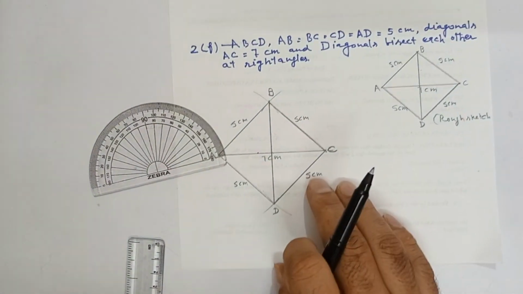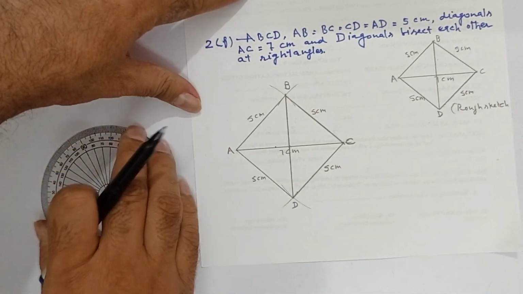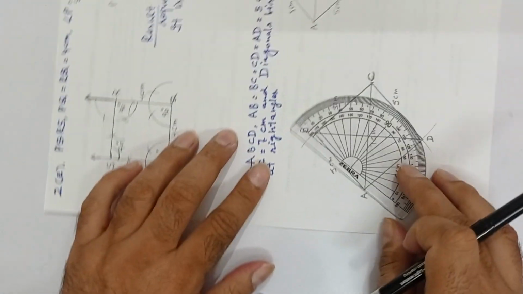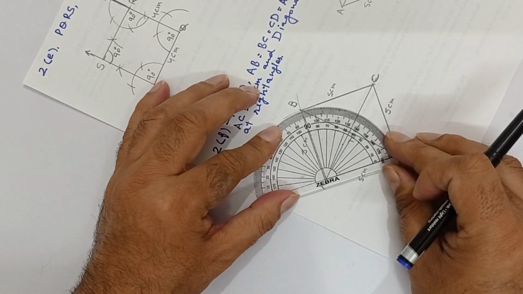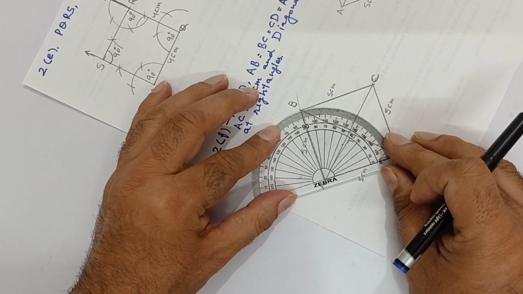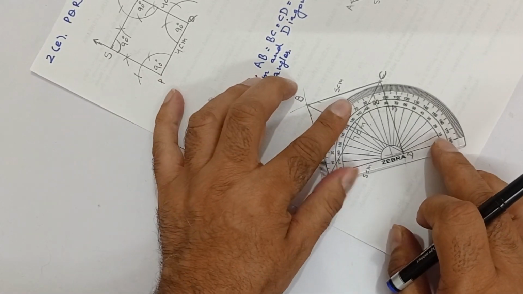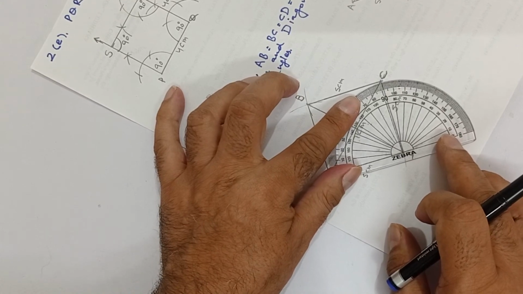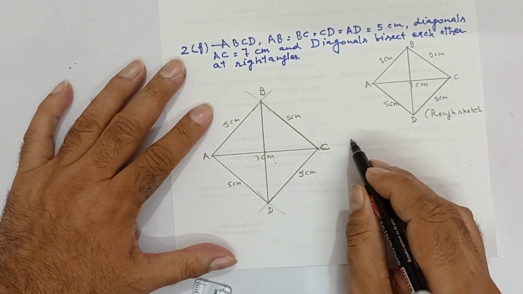So it is satisfying all the properties of square. Let's check that each angle of square is 90 degrees. Is it so? Check angle A. Look, you can check angle A is 90 degree. If you measure any angle, all angles will be 90 degree. So this is a square.